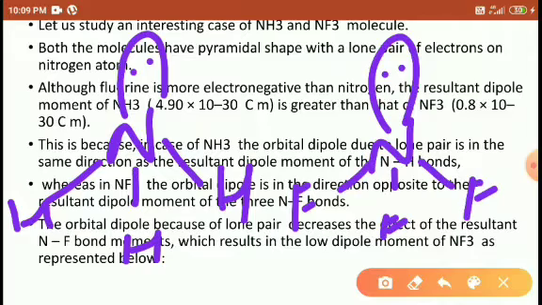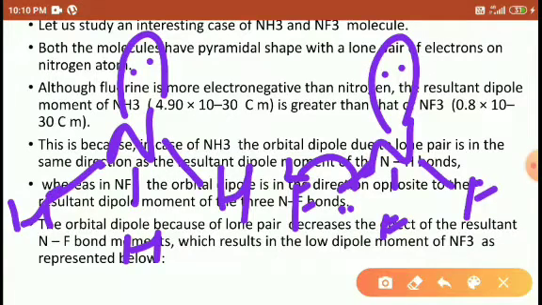Here the fluorine has a higher electronegativity than the nitrogen, so the resultant dipole differs. Fluorine is more electronegative than hydrogen, so the pair of electrons is completely shifted onto the fluorine atom.